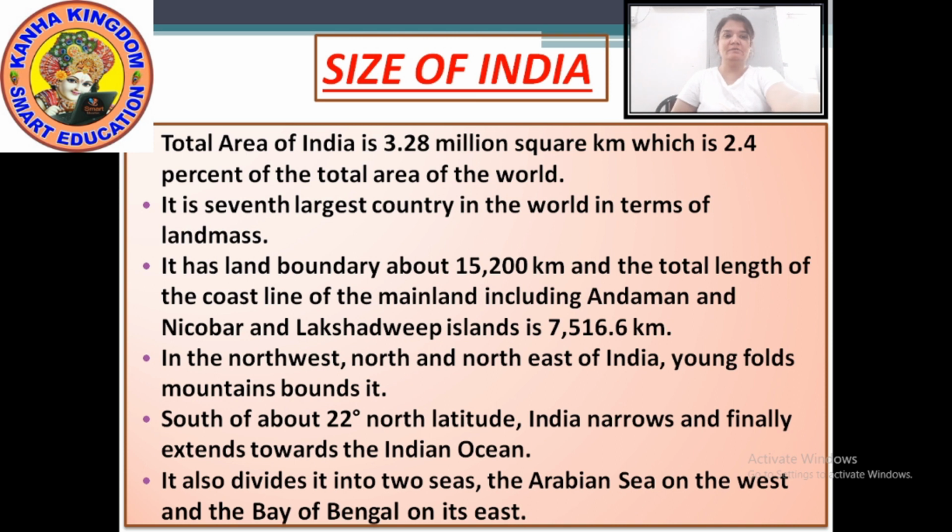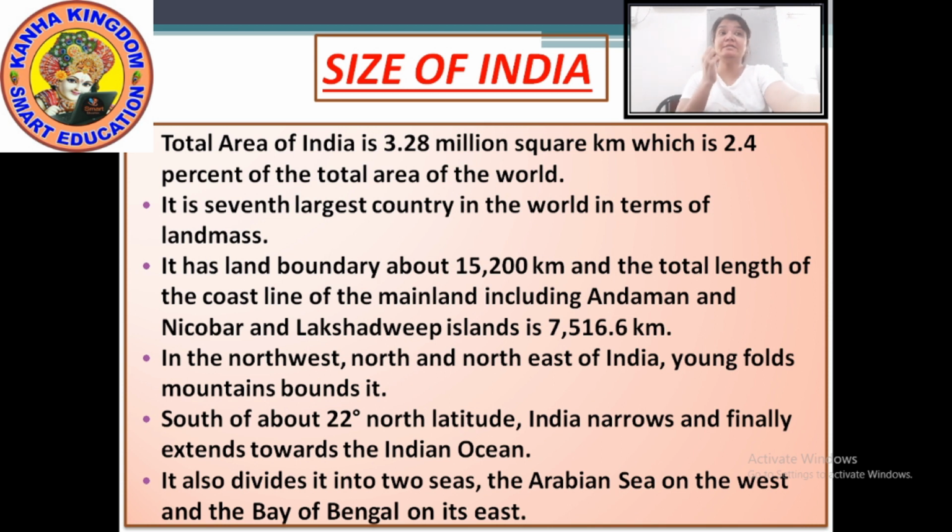In other words, it is the proper distance between the topmost, that is the north direction, to the lowermost, that is the south direction. So the distance from north to south is 3,214 kilometers.